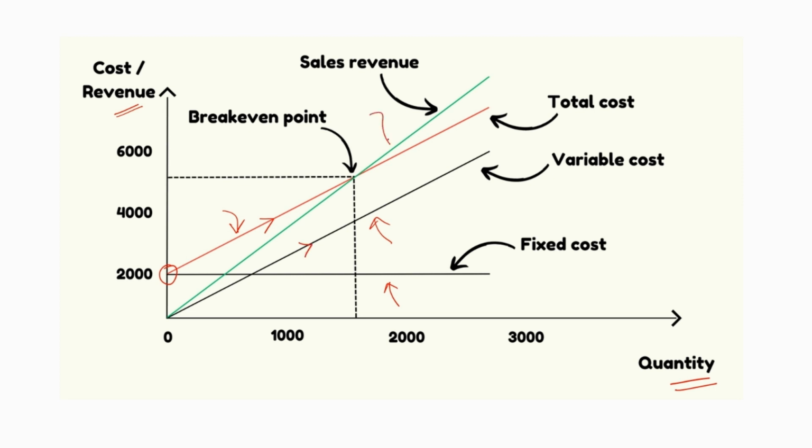And finally, we have the total sales revenue line. The break-even happens at the point where the total sales revenue line and the total cost line intersect. So the x-axis value is the break-even point in terms of volume. And the y-axis value is the break-even point in terms of revenue.